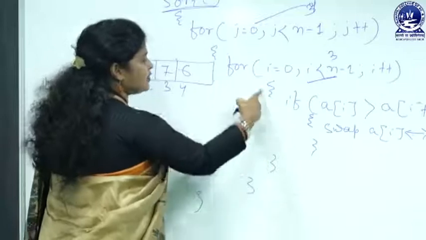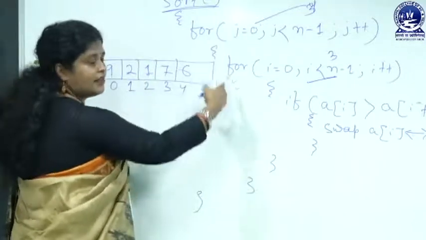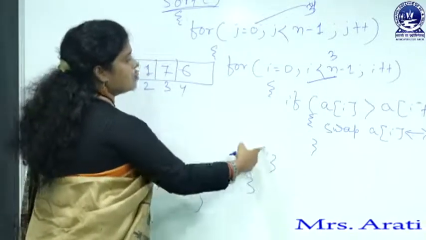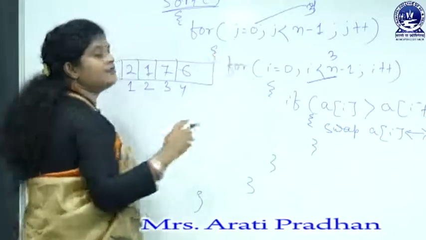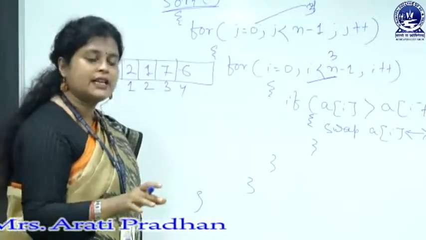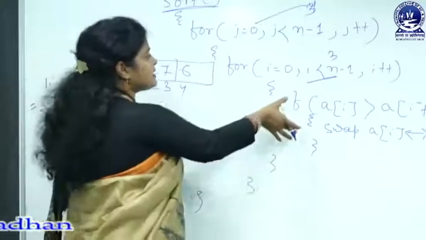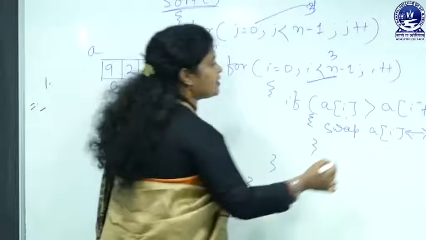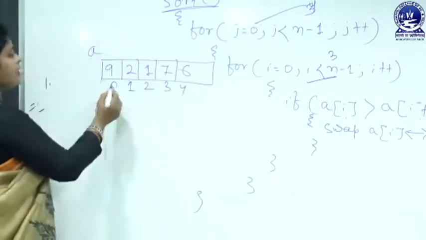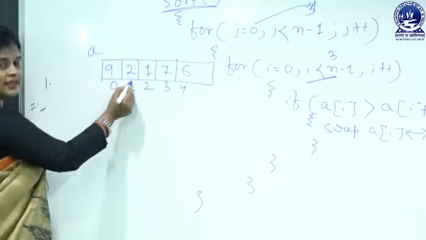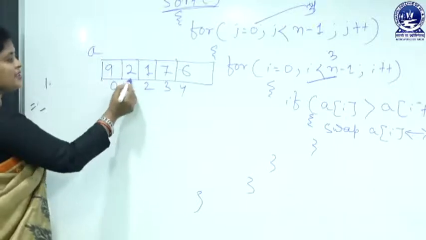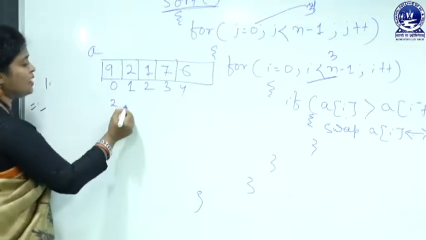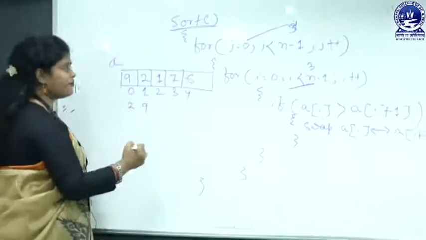This is the outer for and this one is the inner for. What happens? The inner loop will be continued for 4 times, and each time inside the inner for loop we will check if A of i is greater than A of i plus 1. It means that if this one is greater than this one, then there will be swapping. Yes, this one is greater, so 2 will come here, then 9 will be here.